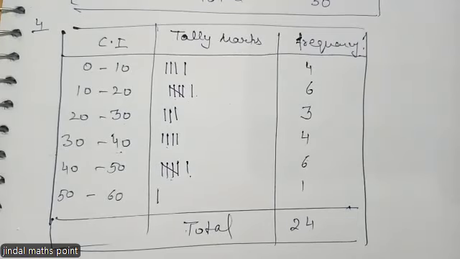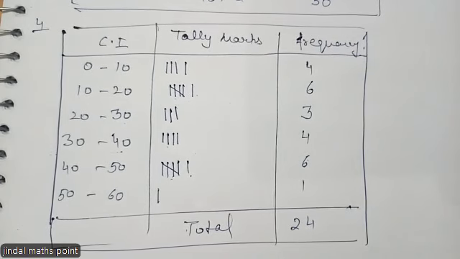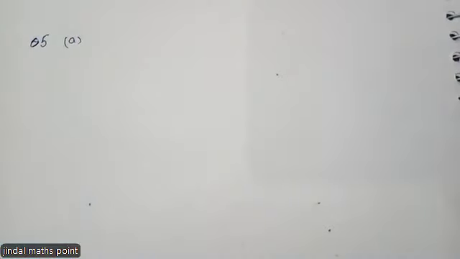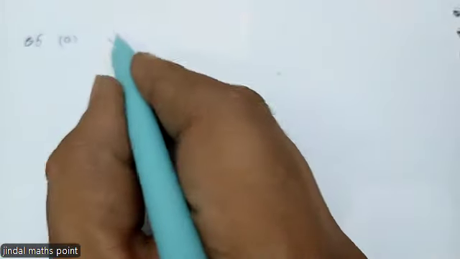Then the next one is filling the blanks. Next sum is filling the blanks. Question number 5. A quantity which can vary from one individual to another is called a variable.